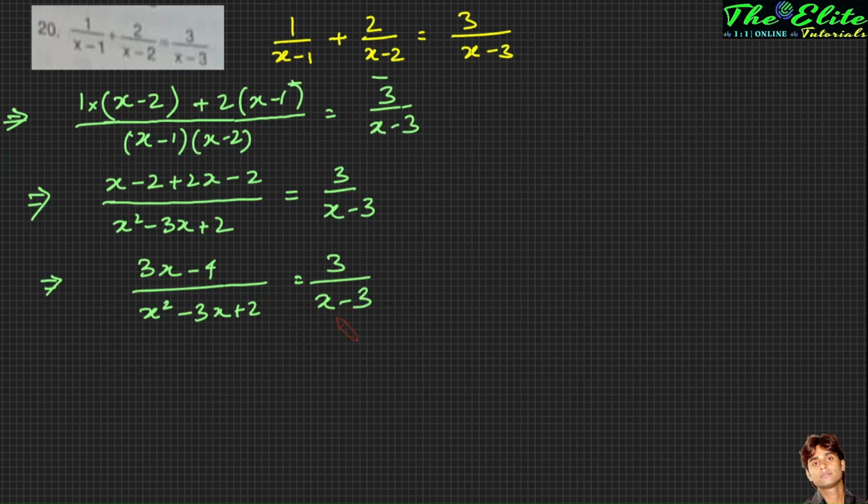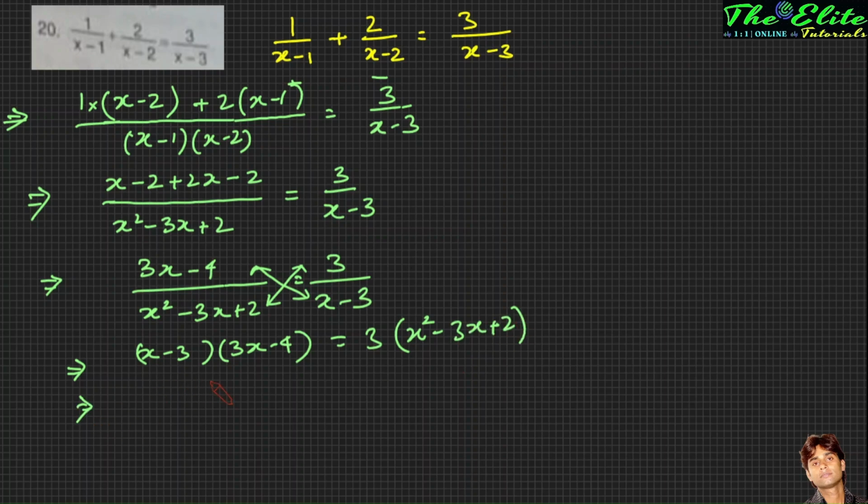So now we can do one thing. We can go for the cross multiplication process, and we can get the things easily. x minus 3 will get multiplied by 3x minus 4, and this 3 will get multiplied by x square minus 3x plus 2.